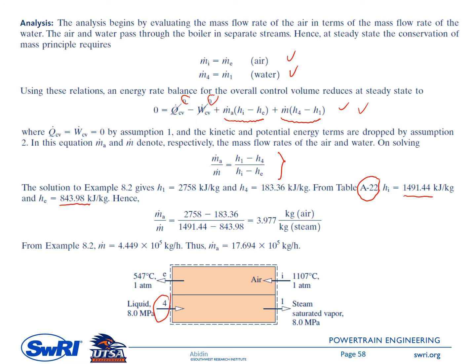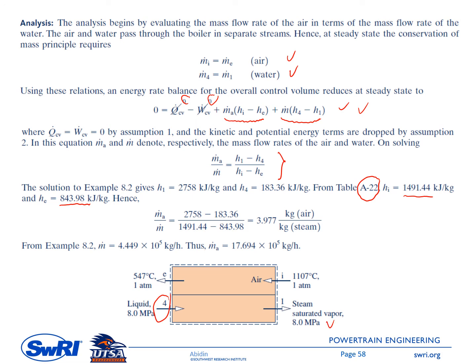And then state number 4, this is liquid at 8 megapascal. Okay, yeah, I need to correct my statement. Once again, state number 4 is a liquid at 8 megapascal. And then state number 1 is a saturated vapor, at the same pressure of 8 megapascal.